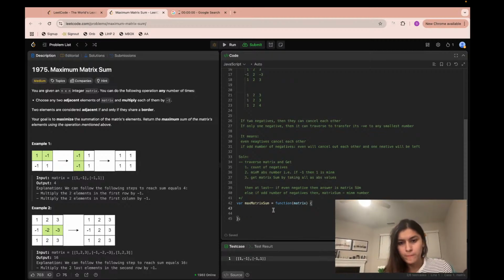Okay, I think this would work. So negative, negative, negative, negative will cancel each other. Negativity can travel.